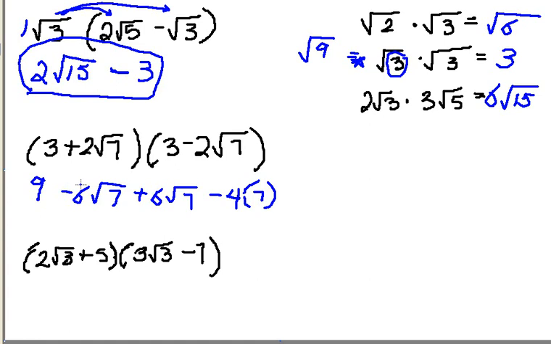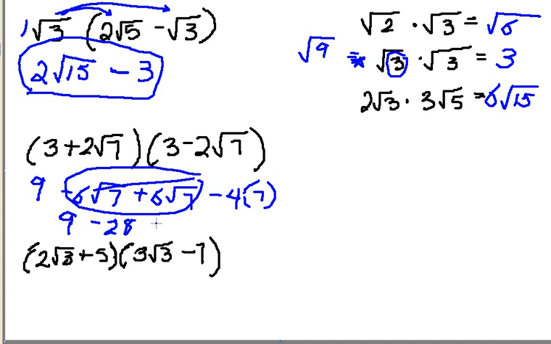Notice what happens to my middle terms. I have minus 6 square root 7 and positive 6 square root 7. So these are going to cancel out. And I'm left with 9 minus 4 times 7, which is a negative 28.